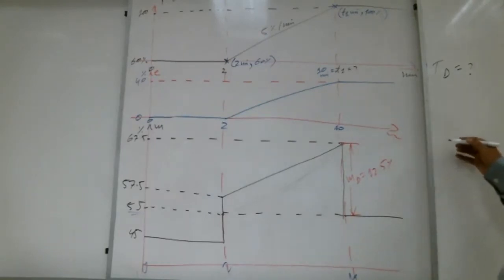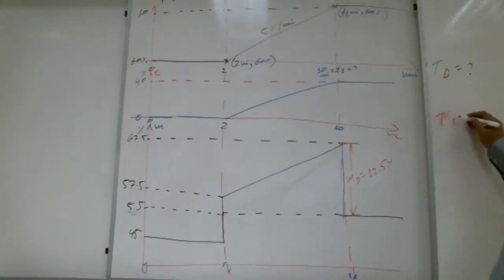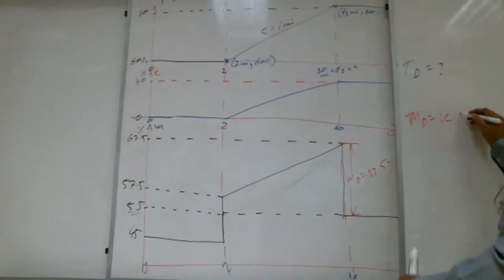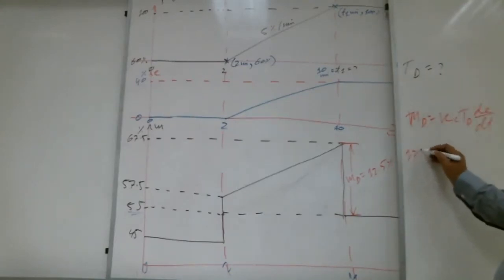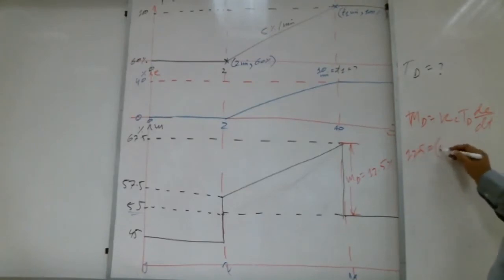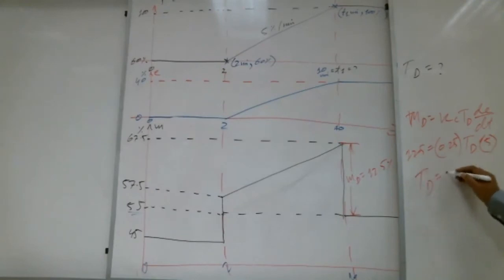That's good. Okay, Shabab. So TD, MD is equal to KC, TD, DO, DT. So MD is 12.5. KC how much? 0.25. For TD we need to find the derivative of error. How much, Shabab? 5. So TD is equal to what? 12.5 divided by 0.25 into 5.